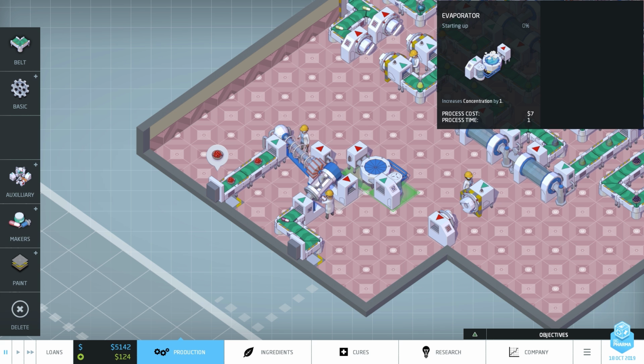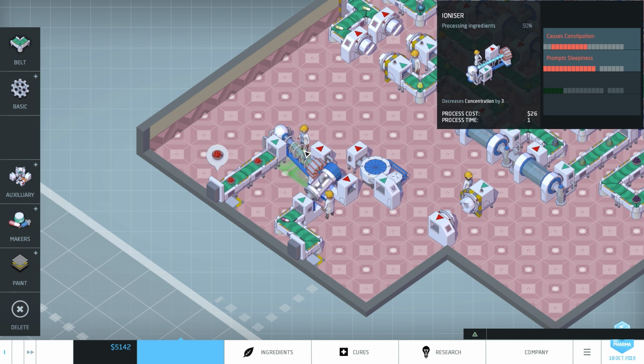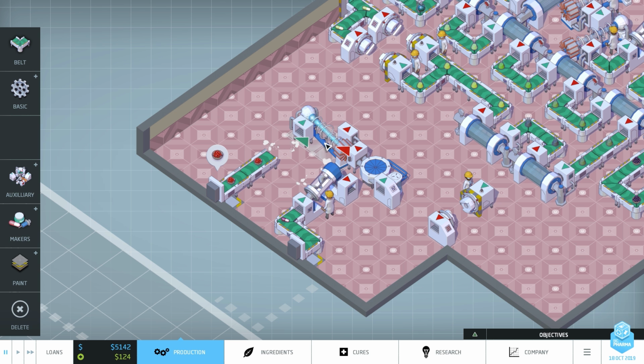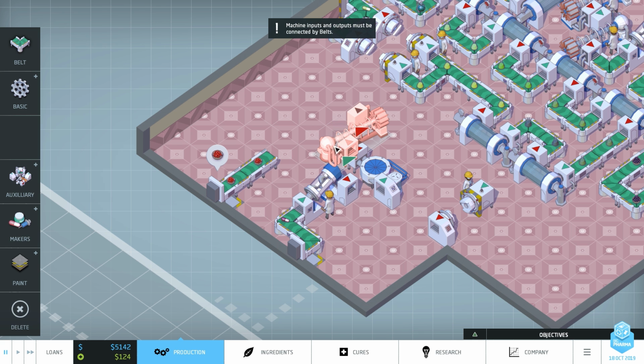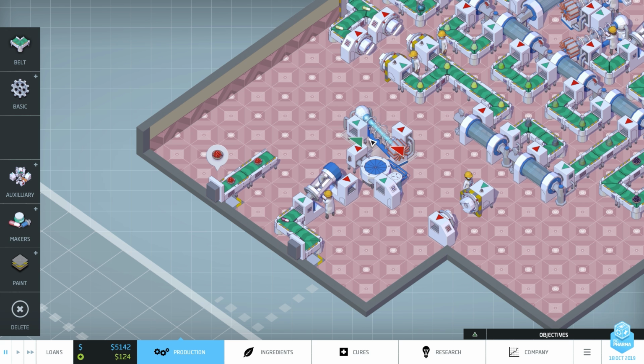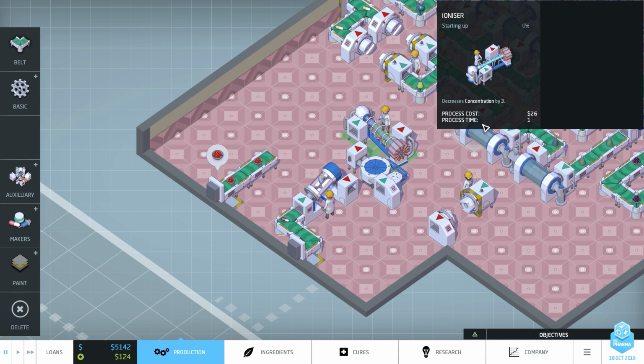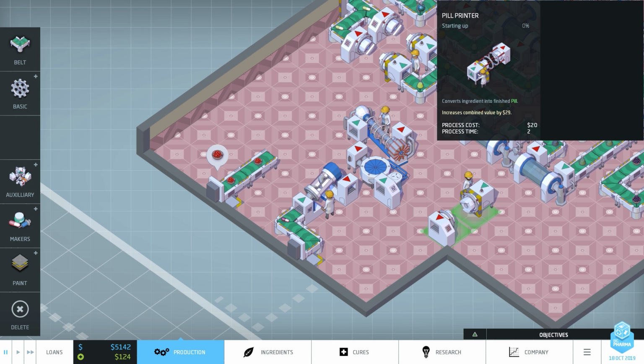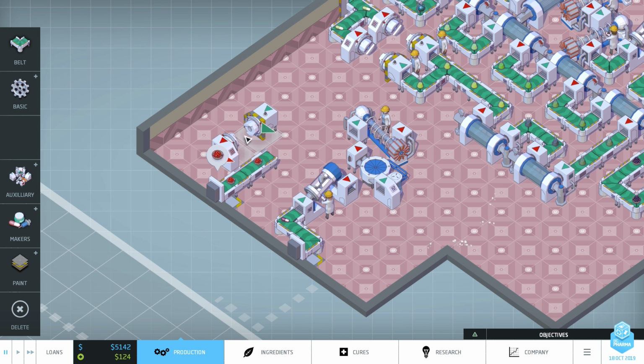And then it needs an ionizer to bring it up to the right drug. And that'll bring it down to 9 or 7 again. And then we need to figure out what the operating region is for the next drug. That's the only problem I see.